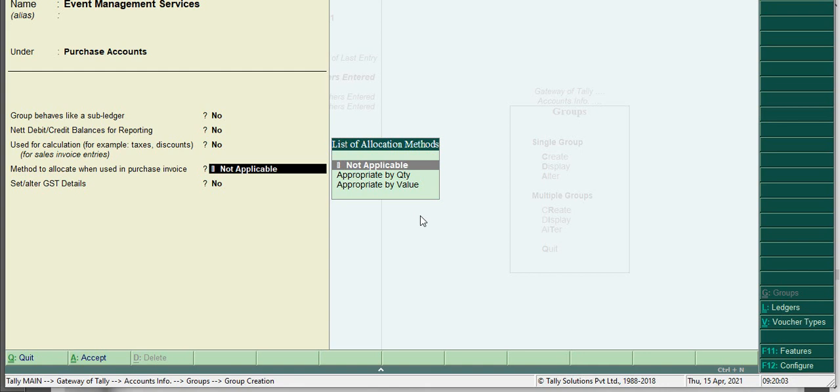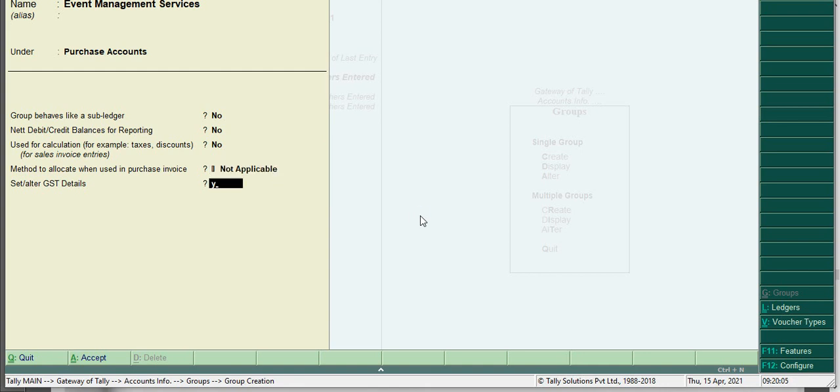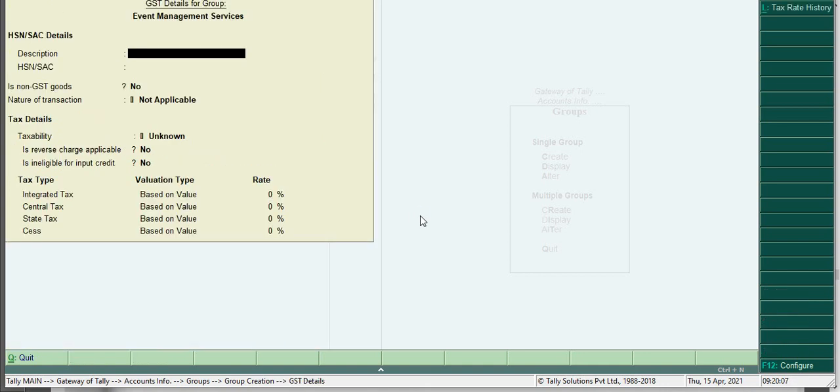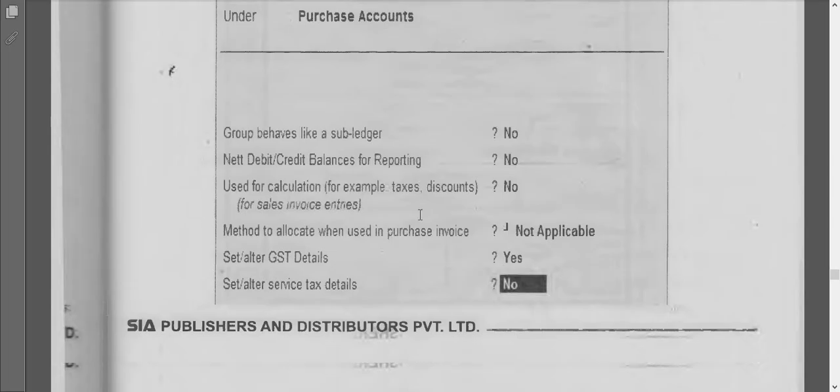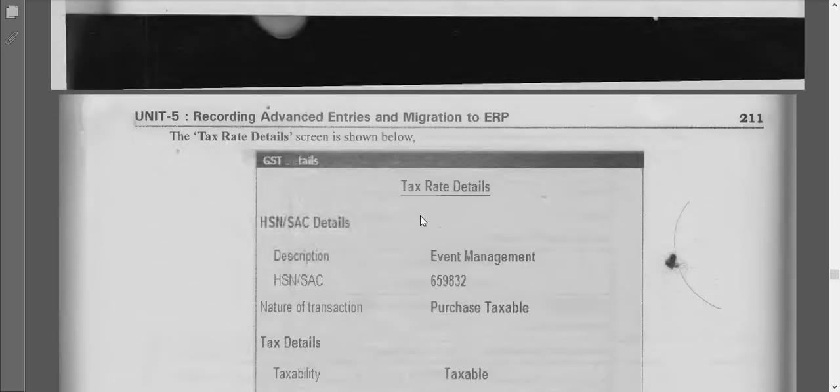Set/alter details yes. Here we have to go with construction services. It is purchase taxable or not applicable.